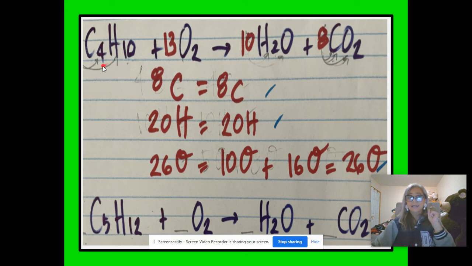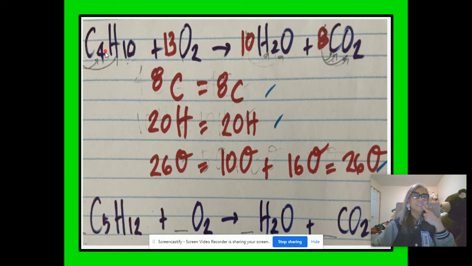If it's C4, remember you have methane, ethane, propane, butane. So this is butane. So again, how would you start to balance this? Here, do you think this is correct, people? 8C.